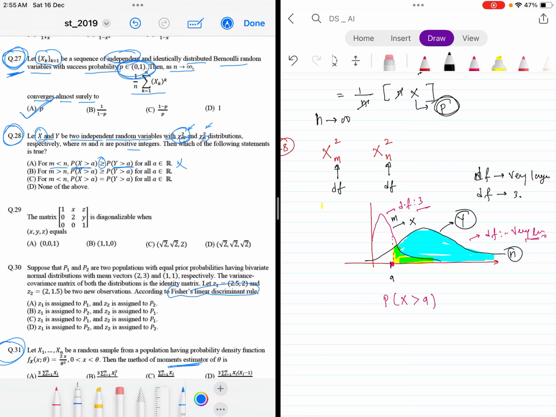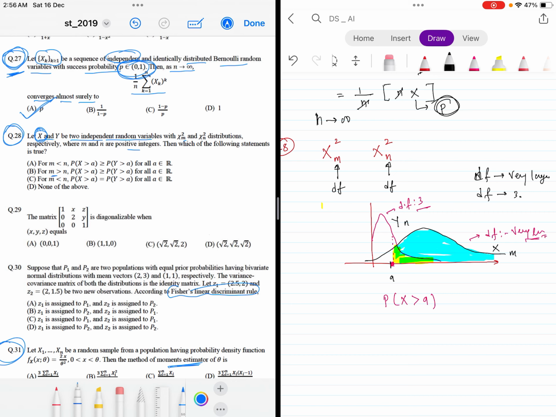And now let's check option 2. In option 2, m is greater than n, right? So m is greater than n, that means x will have the higher degree of freedom, so this is the distribution of x with degree of freedom m, and this is y with degree of freedom n, right?